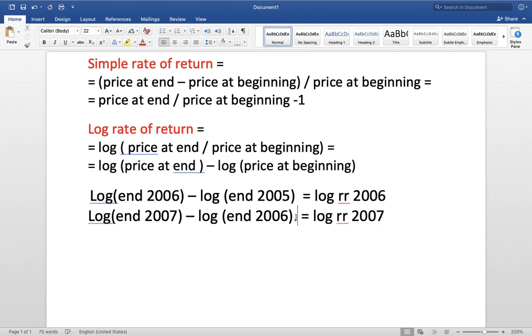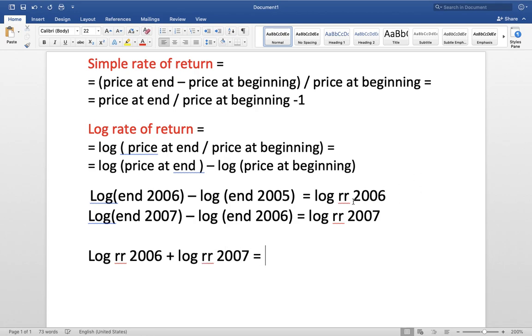Okay, so if you have these two quantities and you want to get, for some reason, the logarithmic rate of return of the period 2006-2007, what do you need to do? Suppose that you don't have the prices anymore. The only thing that you have are these two numbers, the subtractions. You don't have the original numbers. Well, you can easily sum up the two things: log RR 2006 plus log RR 2007.